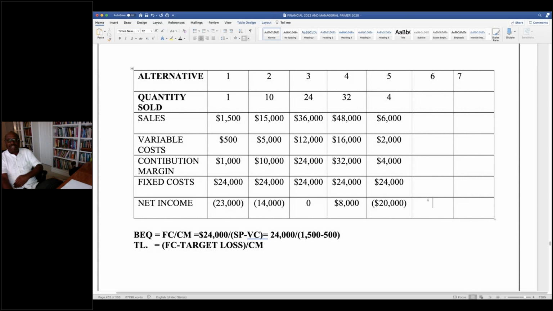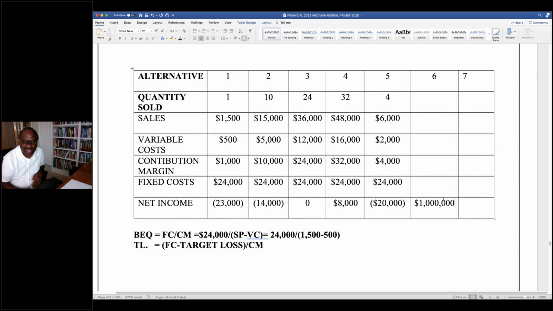All right, so we got to think big like we're in Chicago now. Suppose we want to make $1 million. How many do we have to sell now to make $1 million? It's the same formula, right? Well, instead of subtracting the target loss, would you add it?